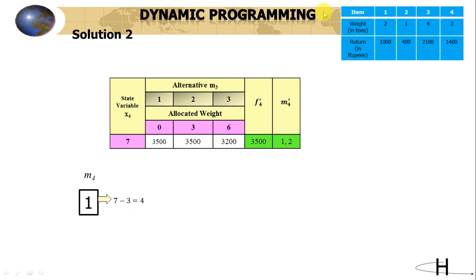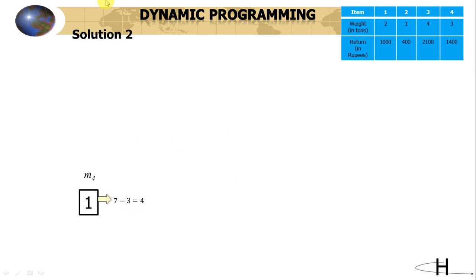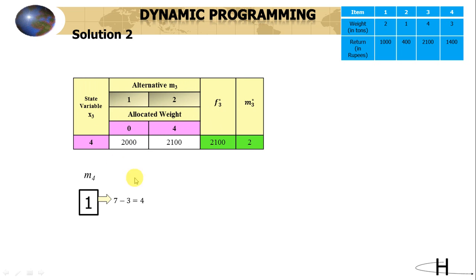So in stage 3, when I consider weight 4, I can allocate this 4 ton weight of item 3.